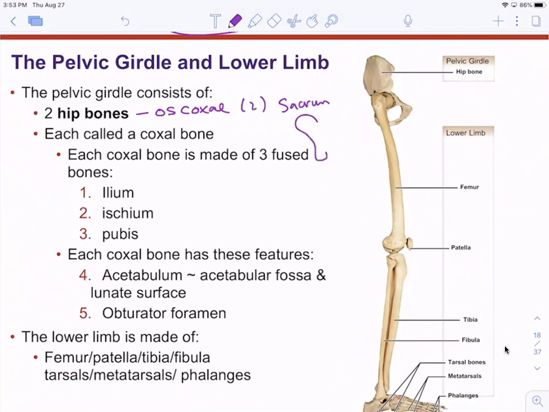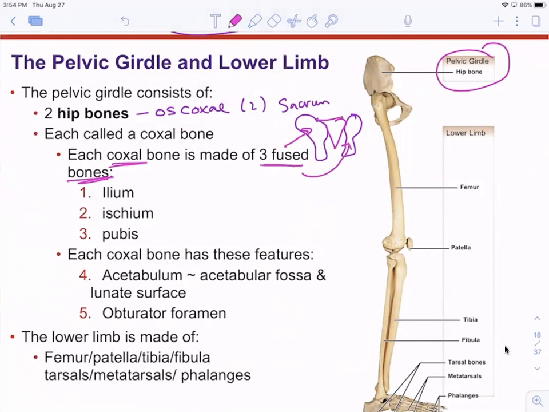So you have an os coxae here and an os coxae here, and then you have the sacrum here. So you can call it hip bone. Os coxae, or coxal bone, is really 3 fused bones on each side, right? So that's 3 fused bones, and that is 3 fused bones.